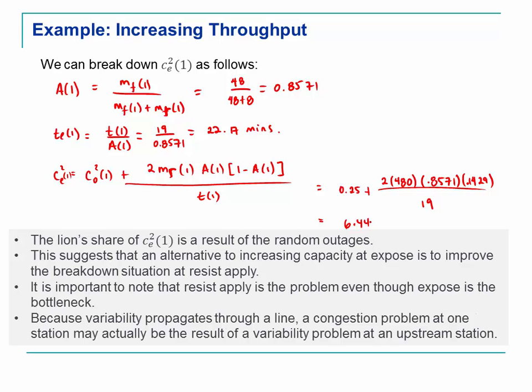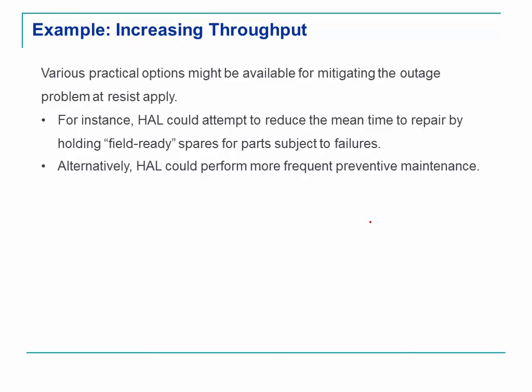Okay, so it's a very powerful analysis, and it is using all the equations that we have learned so far. So various practical options may be available for mitigating the outage problem at resist supply.